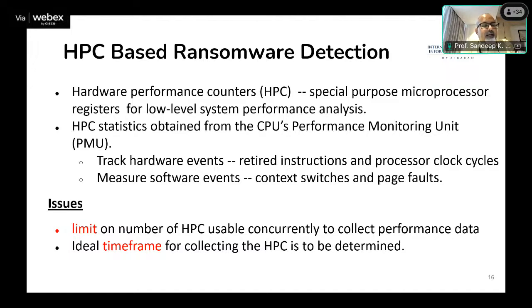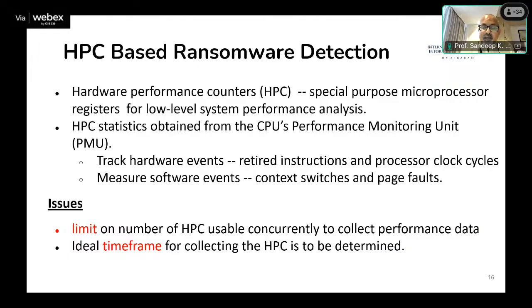So the second thing that we started looking at is, if they are not using API calls, what else can give us indicators that distinguish the behavior of ransomware from regular benign or other types of binaries. HPC counters turn out to be something where the distinction is visible. There are multiple HPCs and they track various hardware events like instruction retirement and processor clock cycles.